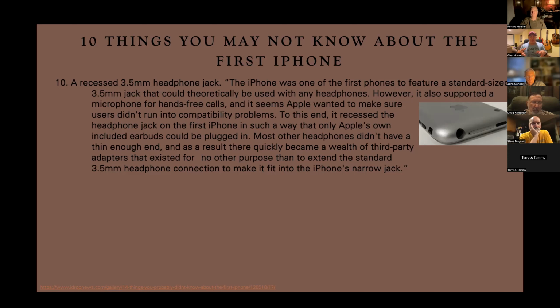Because it was recessed into the phone, some headphones had a hard time plugging in, and you started to see third-party jacks being made to plug your headphones into. So it was a bit of a controversial way they put it in, and then it was controversial when they got rid of it. It's funny for me, at least, to look back on some of these things now, because you're used to stuff now and you don't remember how it used to be.